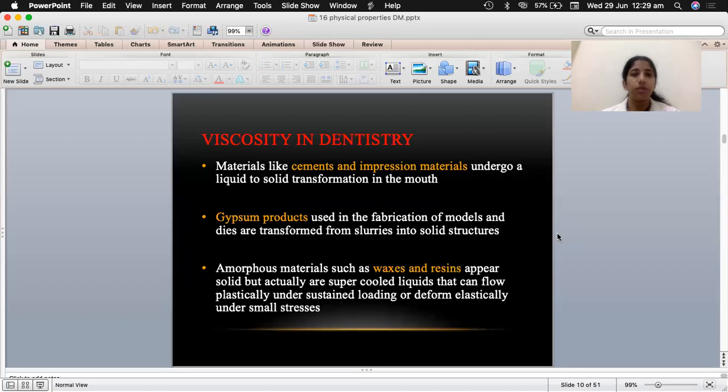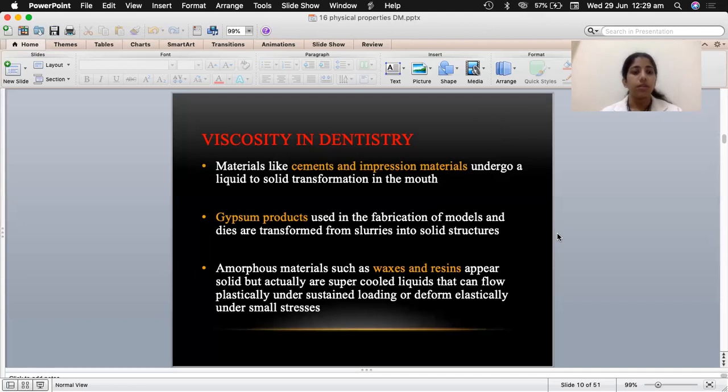Only at that particular viscosity will we be able to use the material. If the viscosity of the material is more or less than what it is supposed to be, then the restorative properties, everything will change. That is the importance of viscosity in dentistry.